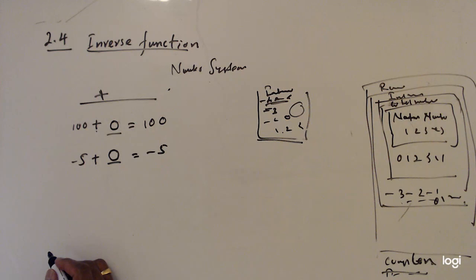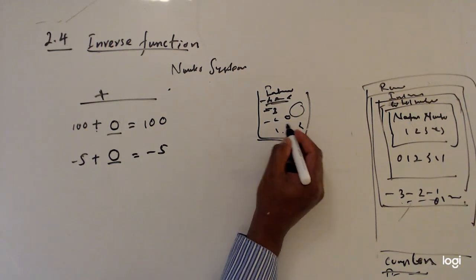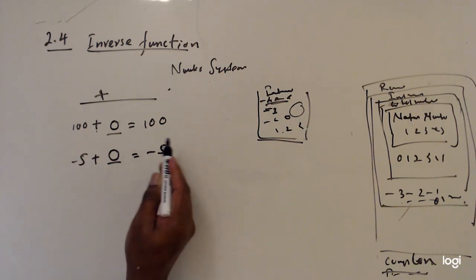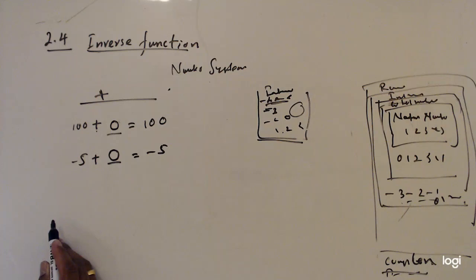So it has one good quality in this number system, because there is one element that, when you add it to another element, the number stays the same. So then it has an identity, or it complies with the zero law.